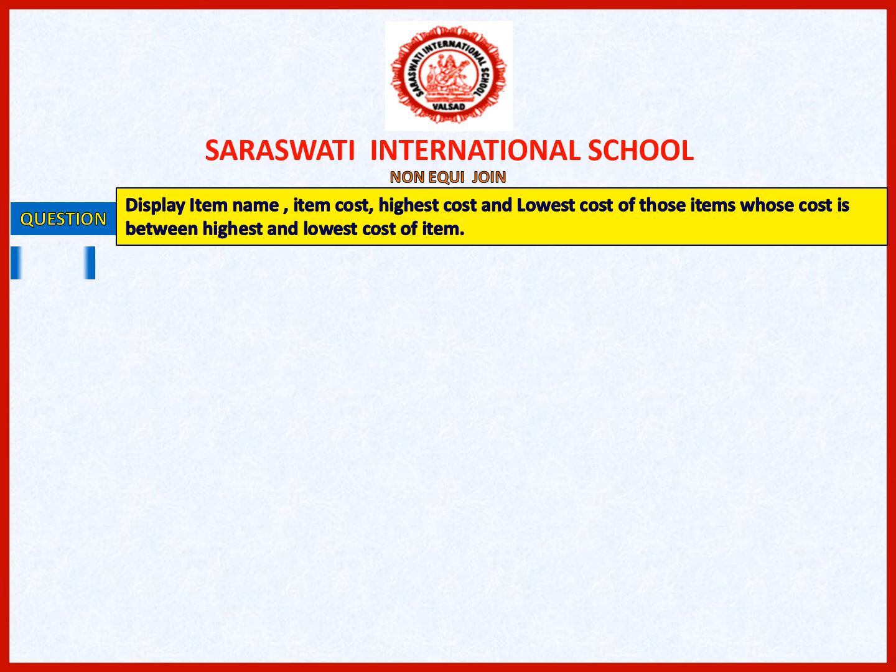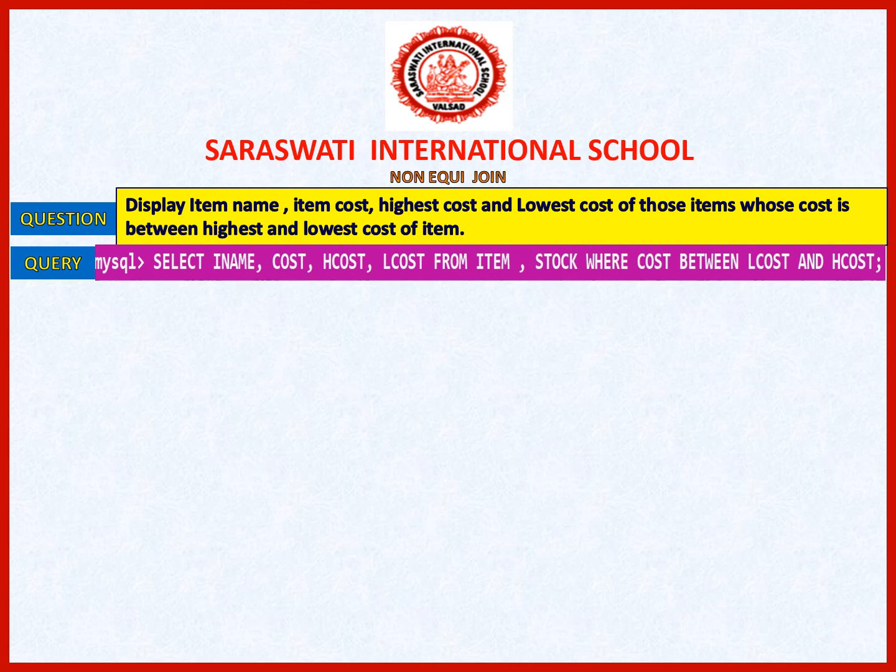Now see how to write the query. Here I have written the condition cost between L cost and H cost, which means the item cost will be between the lowest cost and the highest cost.